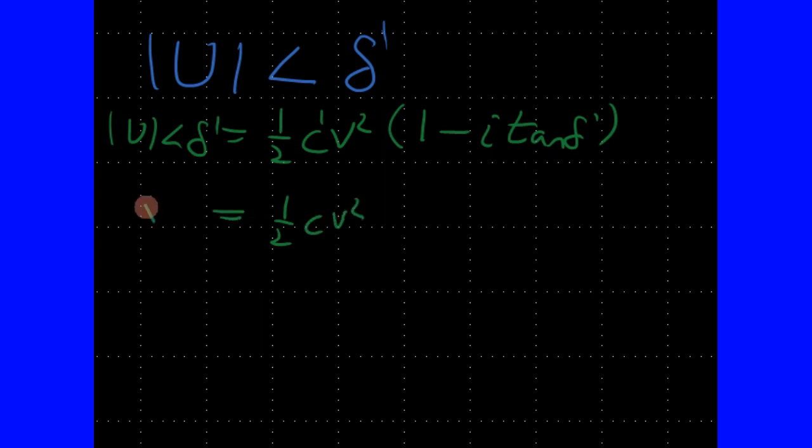Now we're going to do the magnitude first: the square root of 1 plus tangent delta squared.